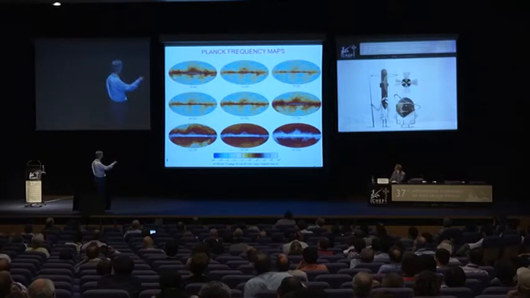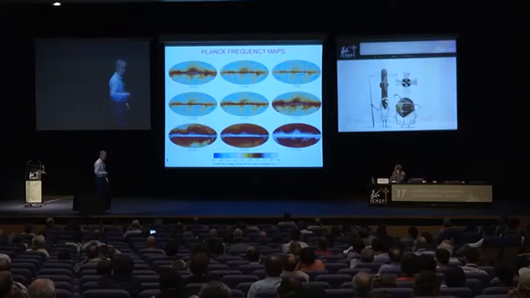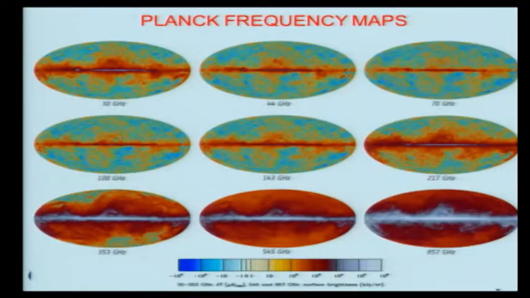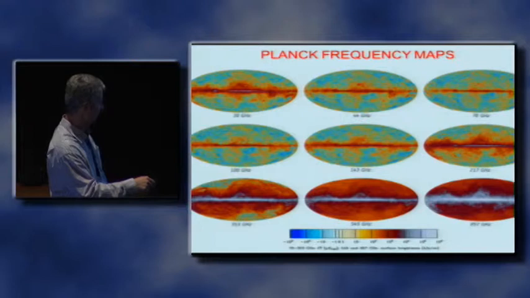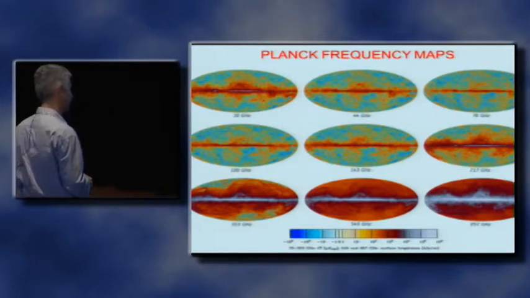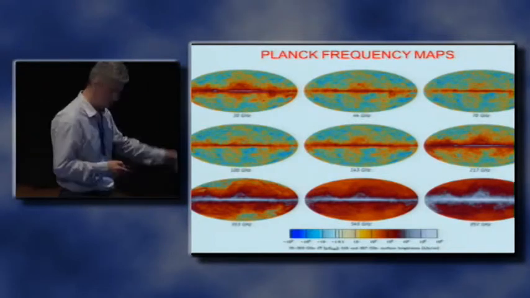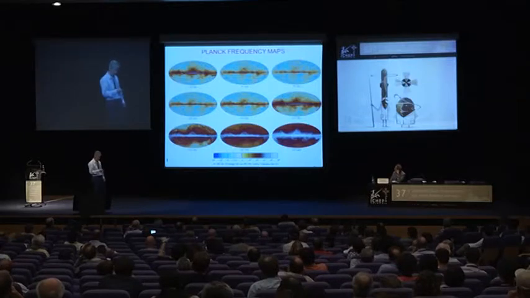Then you can see the galactic emission at low frequency, mainly coming from synchrotron and free-free emission. And then at high frequencies, you have mostly dust. So these are very good monitor channels for the dust, in this case in temperature, but we also have polarization.